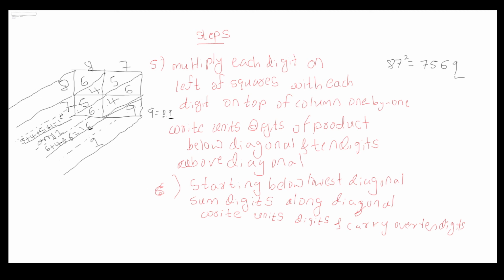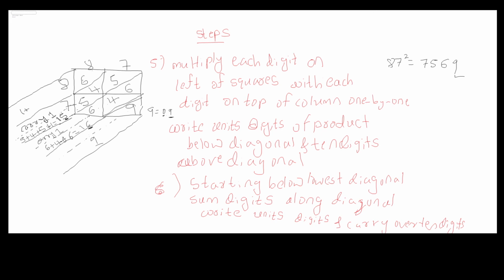That is 15, because of carrying over. The next required digit, again we underline the unit digit and carry over the tens digit, that is carry the 1. Lastly, coming to the 6, that is 1 plus 6, that is 7. All the diagonals are over.